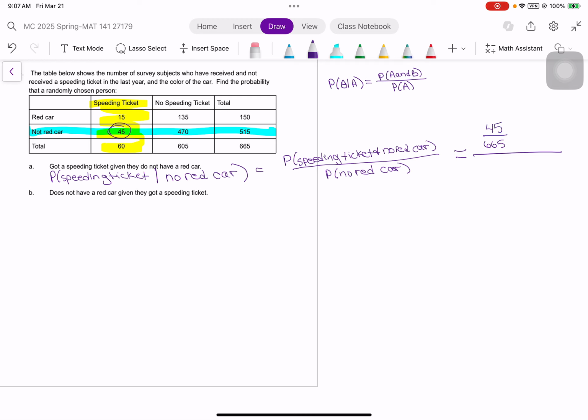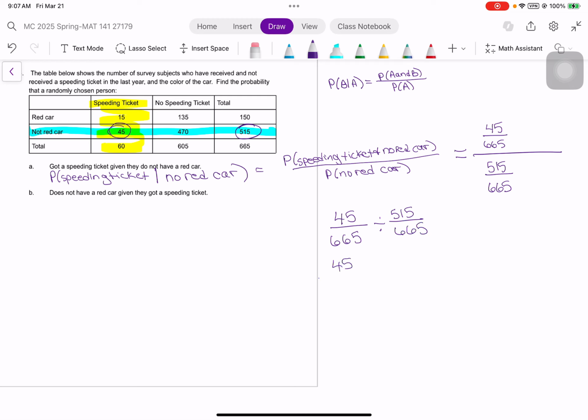Then our denominator is going to be the probability of no red car. Well, again, there's 665 total. And then no red car, that would be this number right here, 515. So this looks pretty ugly and it's a complex fraction. What it's really saying is 45 over 665 divided by 515 over 665.